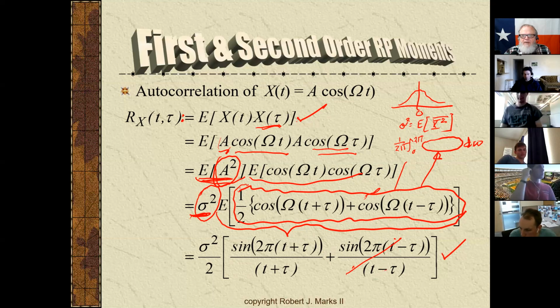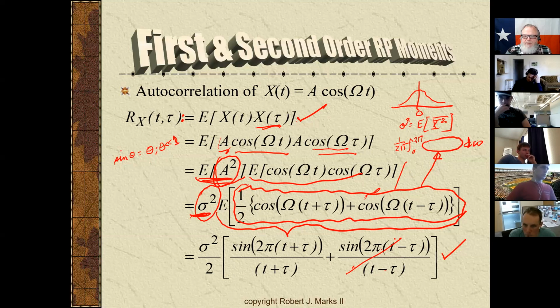For very small values of theta, sine of theta is equal to theta if theta is very, very small. Have you seen this approximation? That's the first term in the Taylor series.